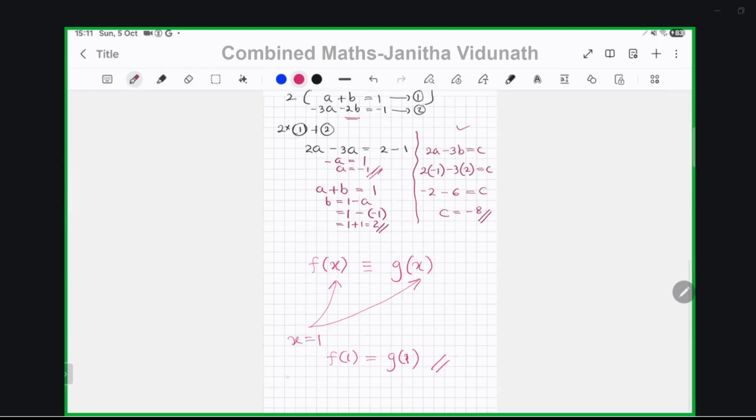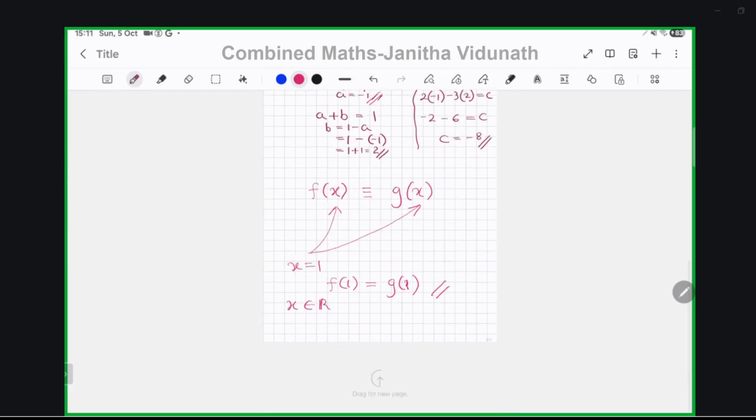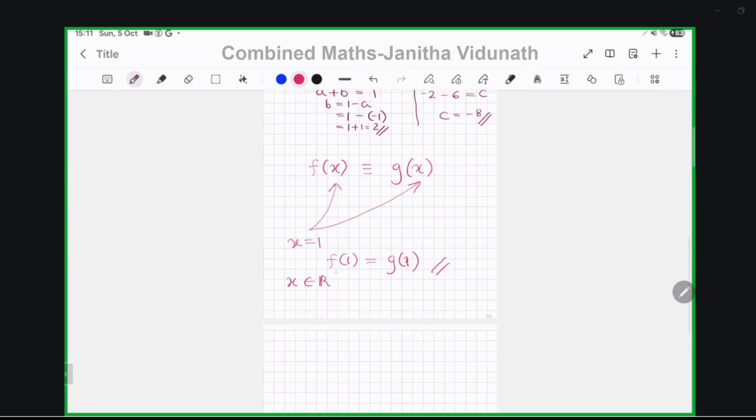Likewise, if we substitute the variable with any real number, then both left hand side and right hand side should be equal to each other. That means for any k belongs to real numbers, f(k) should be equal to g(k).